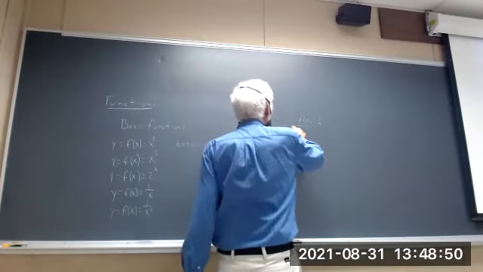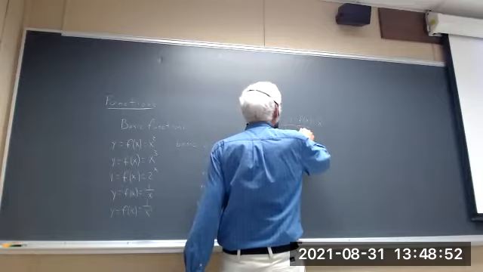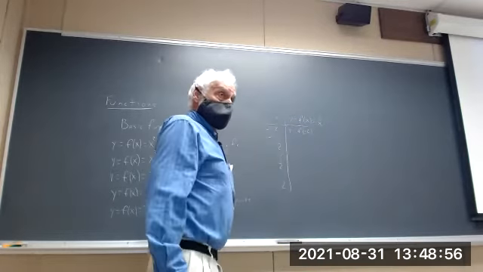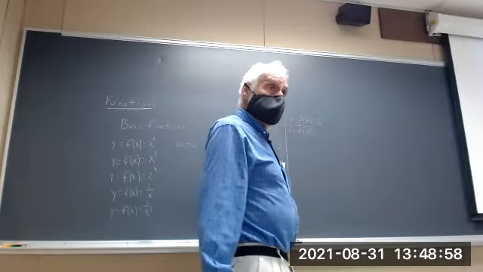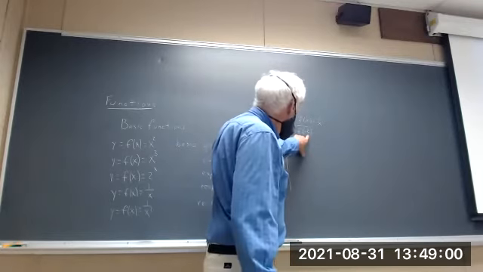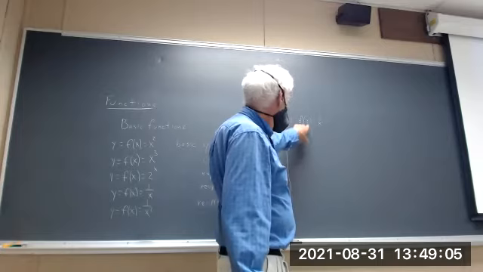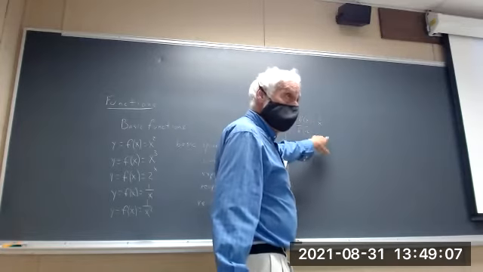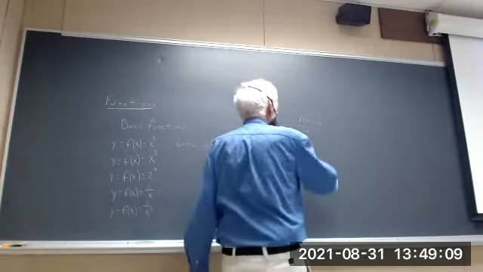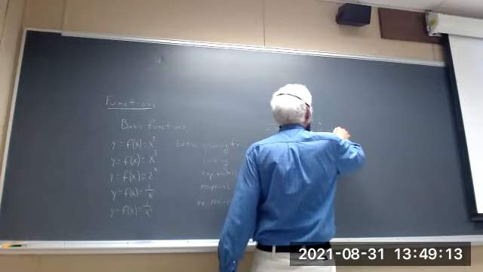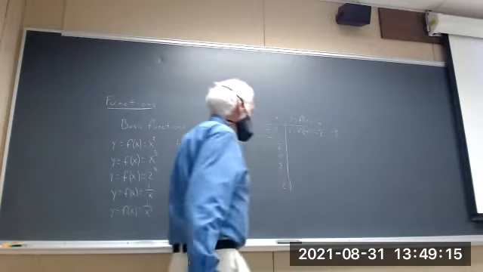Well, y equals f of -2. We notice that I've substituted -2 for x. Since -2 is substituted for x, I'm going to have 1 over -2. And that's -1/2.